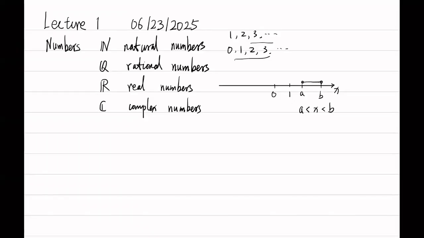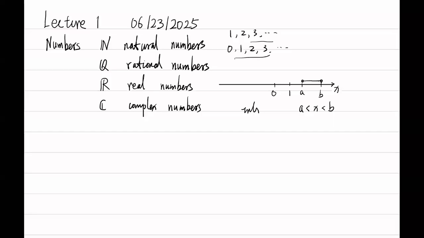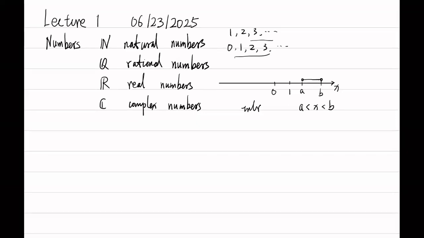So this is an interval of numbers between a and b. We have these different notations for the interval of the numbers.